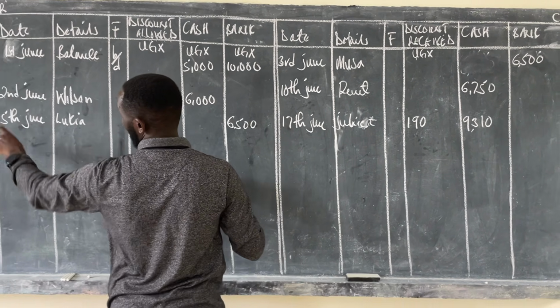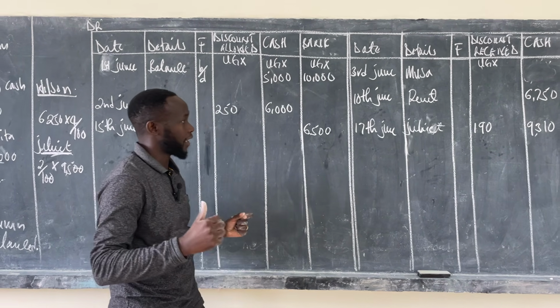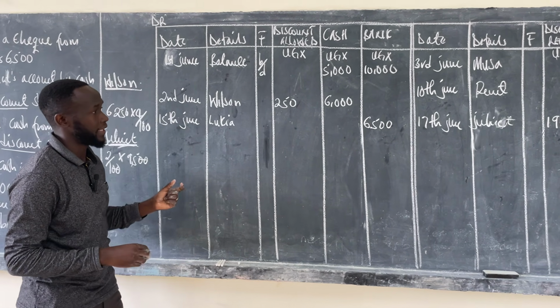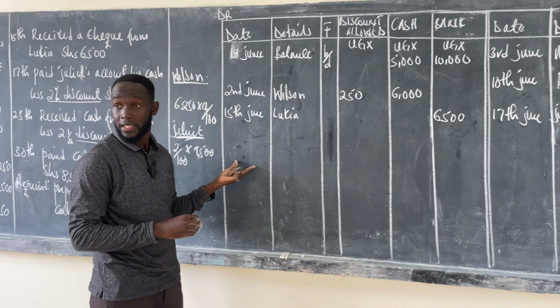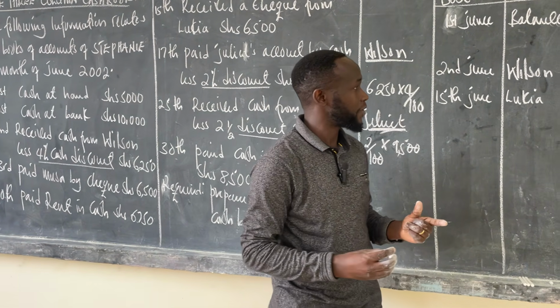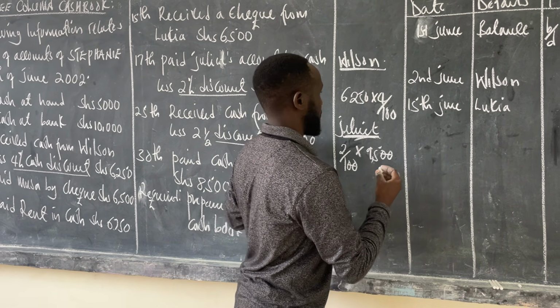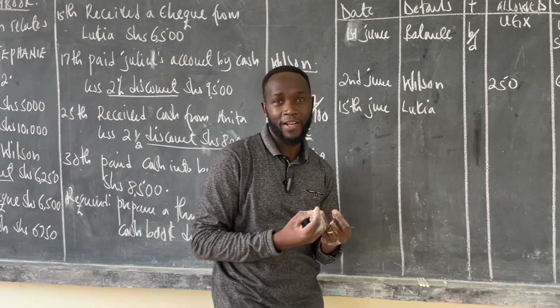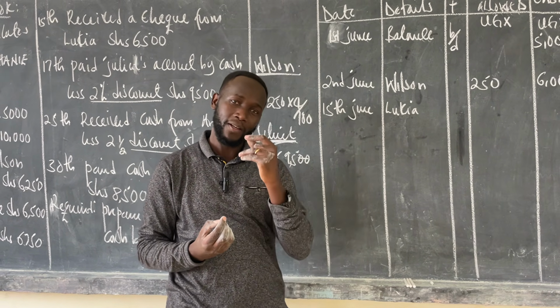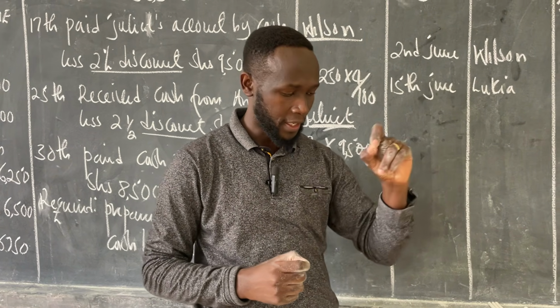Yes. So look at the other transaction in the question. Which other date? The 25th. What happened on the 25th? Received cash from Anita. So we are the one who's receiving cash again. When we are receiving cash, we subtract a discount.